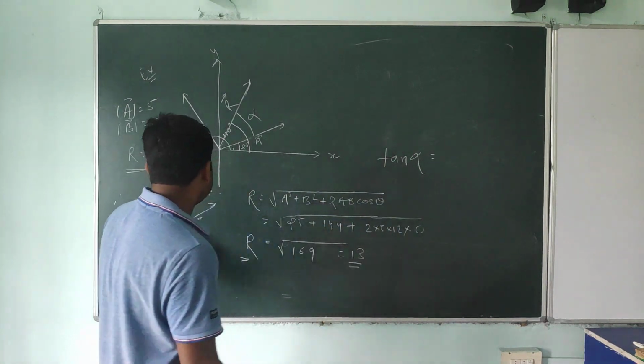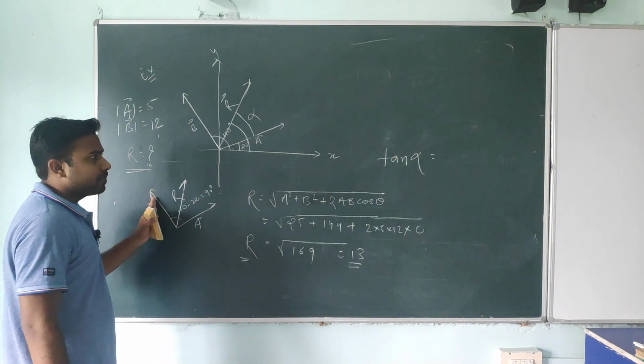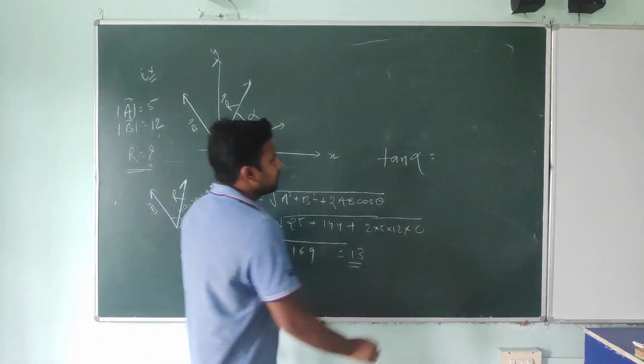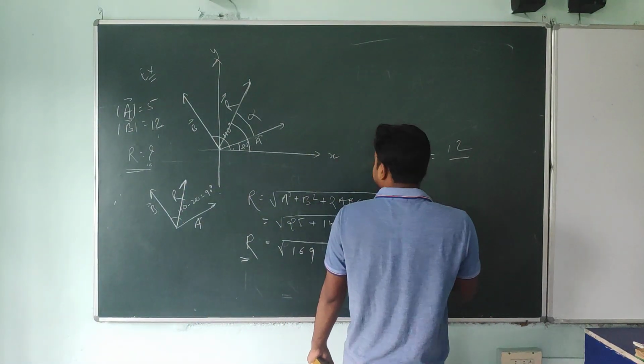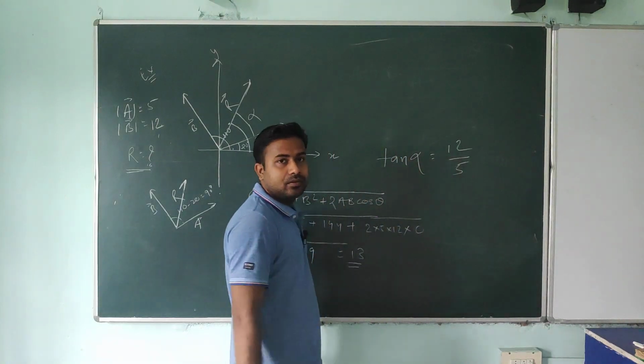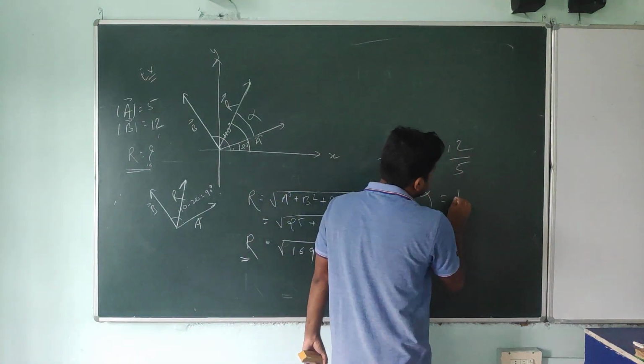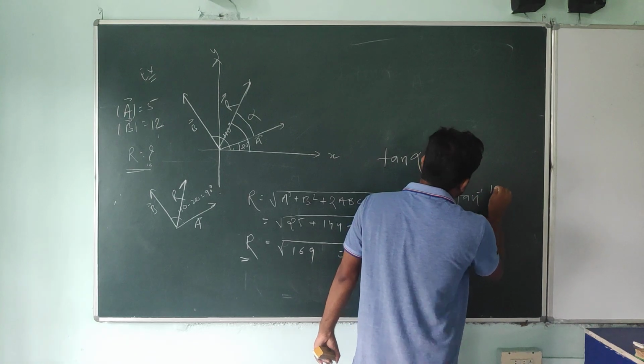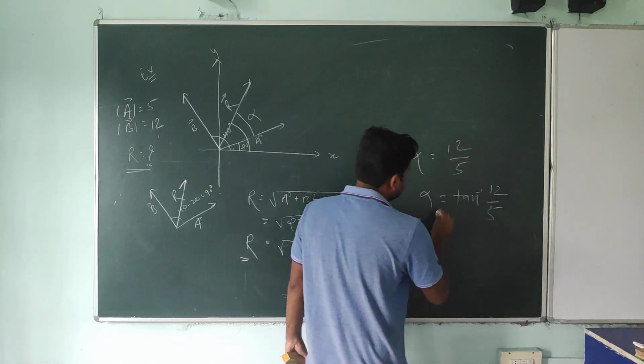Tan alpha: this one is behaving like the perpendicular, this one like the base. So tan alpha equals 12 by 5, and alpha equals tan inverse 12 by 5.